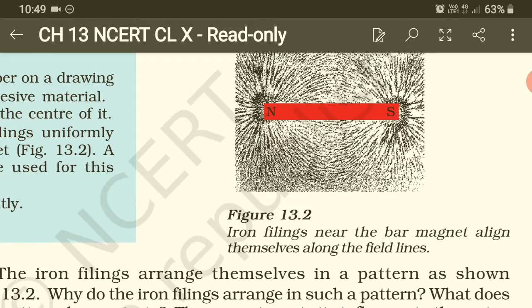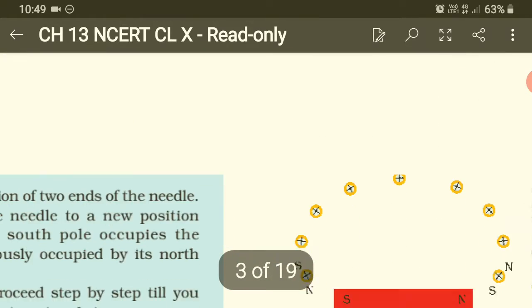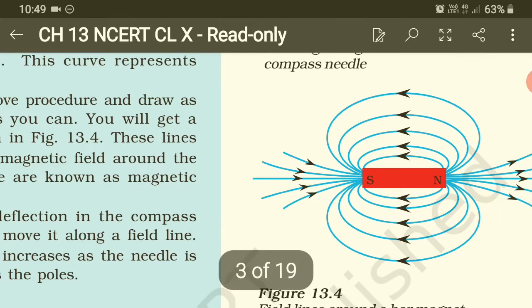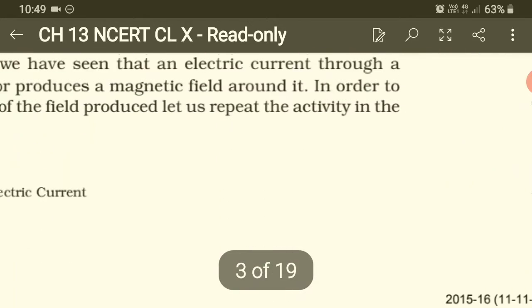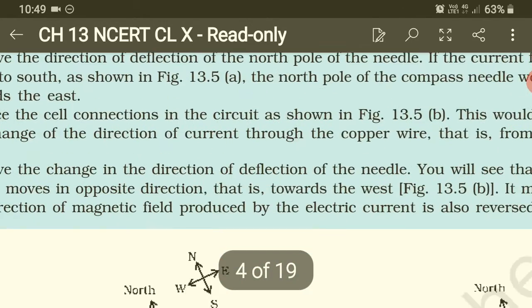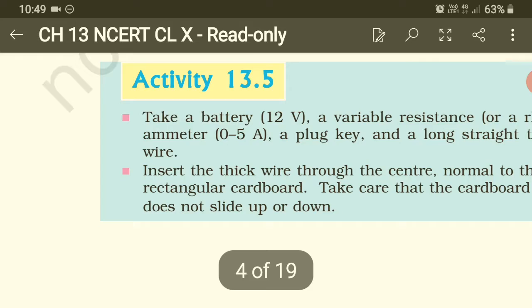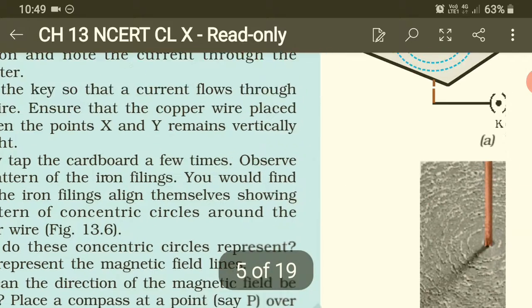To observe this, we sprinkle the iron filings. Another way we have learned to see this magnetic field is with the help of a magnetic compass. So in the current carrying wire also we will sprinkle the iron filings first.